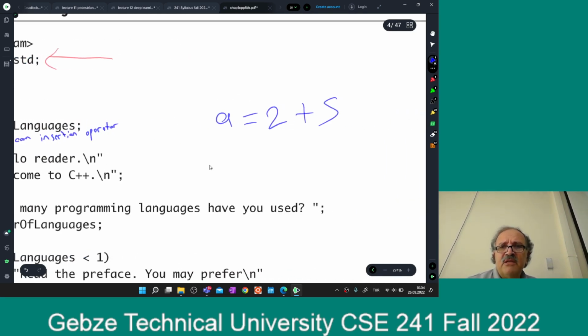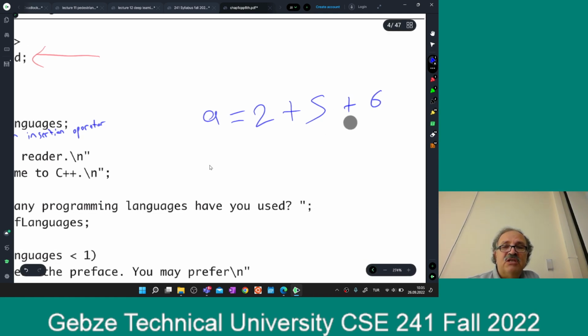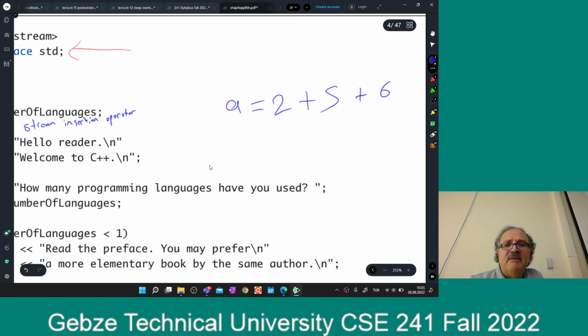Well, it is very similar to this actually, right? So this plus will take 2 and 5. It will produce an integer, and this one will take that integer and produce another integer, right? Maybe it is more similar to this: A gets the value of B, it gets the value of 2, right?